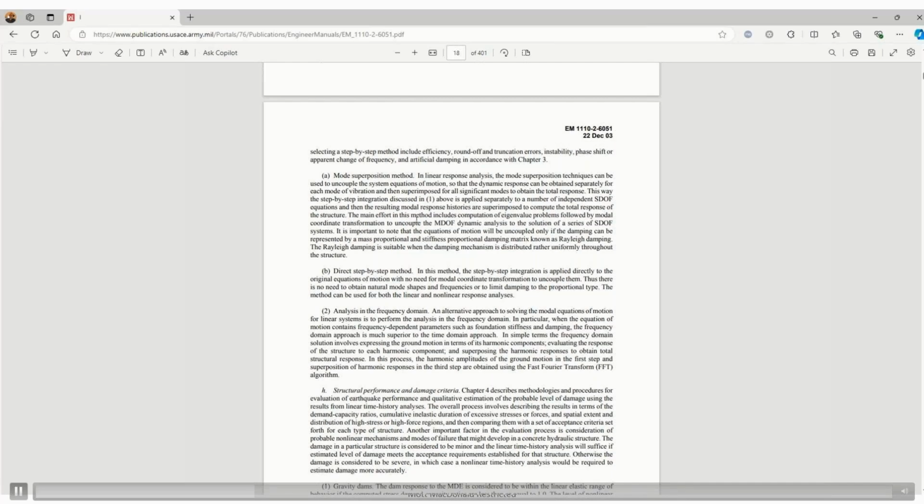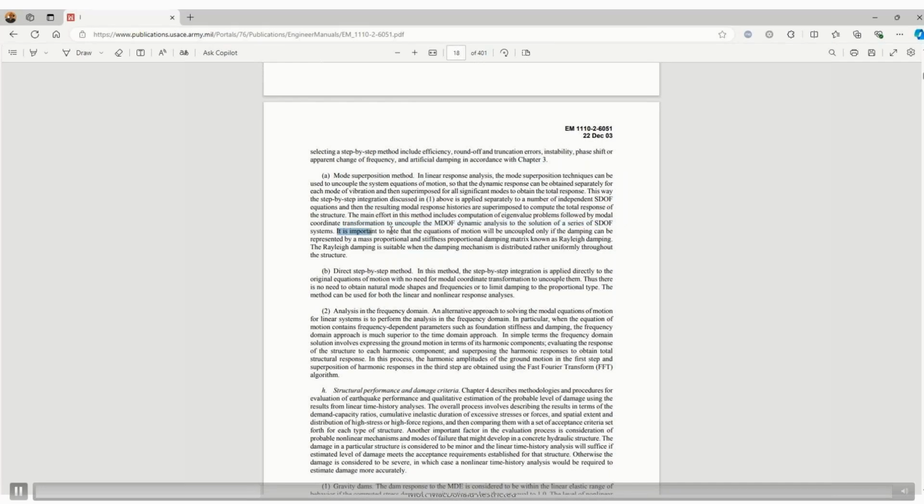The main effort in this method includes computation of eigenvalue problems, followed by modal coordinate transformation to uncouple. With eigenvalues we compute the frequencies and time period of each mode. So we have to carry out this eigenvalue analysis if we want the mode superposition method, modal time history.